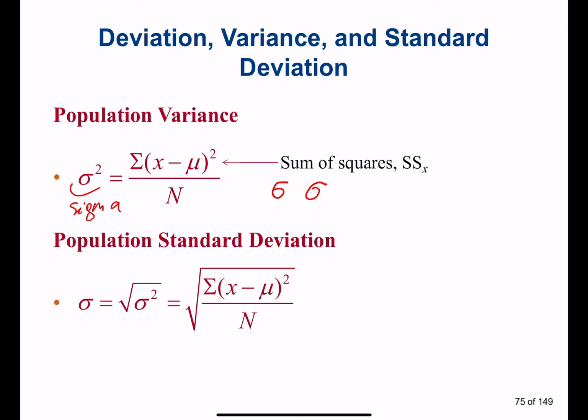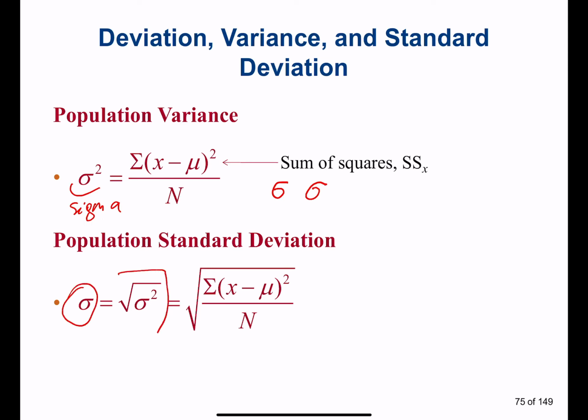Okay, and population standard deviation, that's also deviation, how far the element is from the mean. We call it standard deviation. No matter what, standard deviation is always going to be the square root of variance.